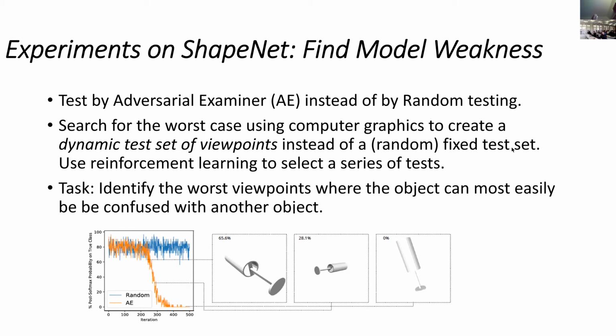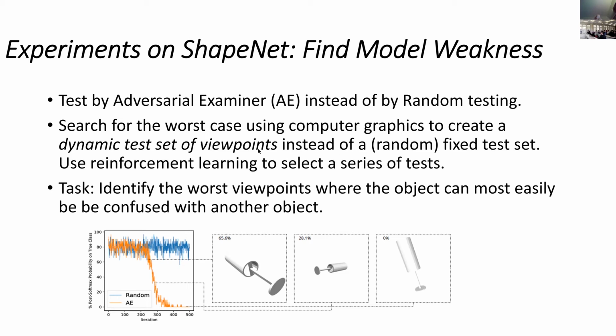It's only testing on a finite set, but that finite set is chosen by an algorithm which has been learned by using reinforcement learning. The adversarial examiner starts off by looking at the object, changing its viewpoint, and after a certain amount of time, it's clever enough to realize that if you start looking at this object from this viewpoint, your performance is really bad. So this is an illustration of it.